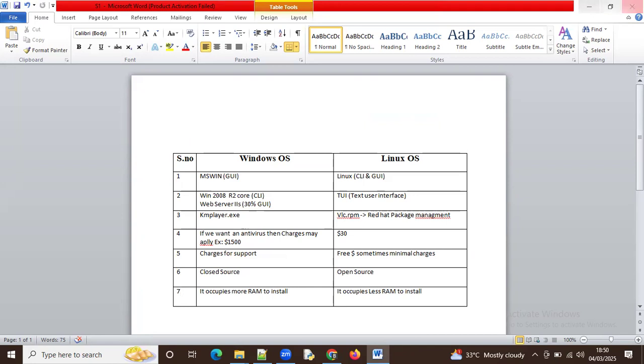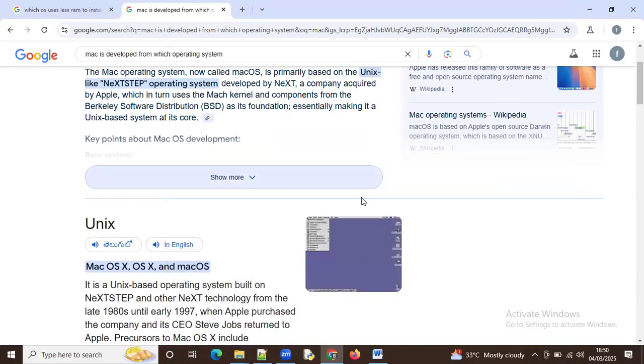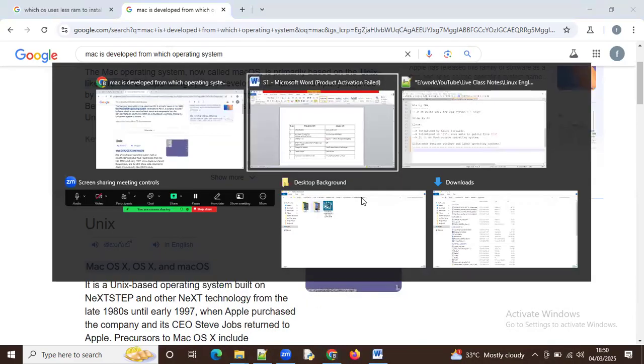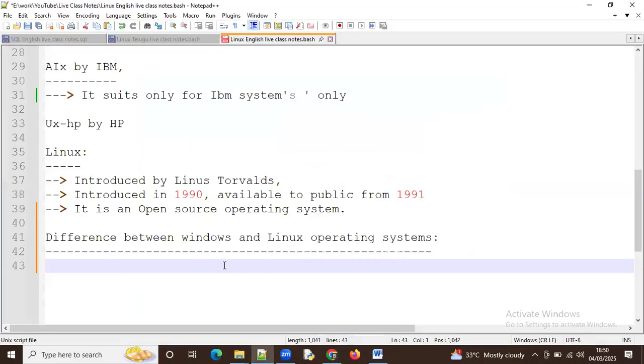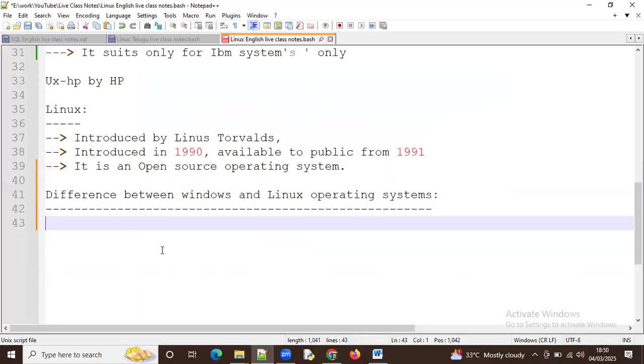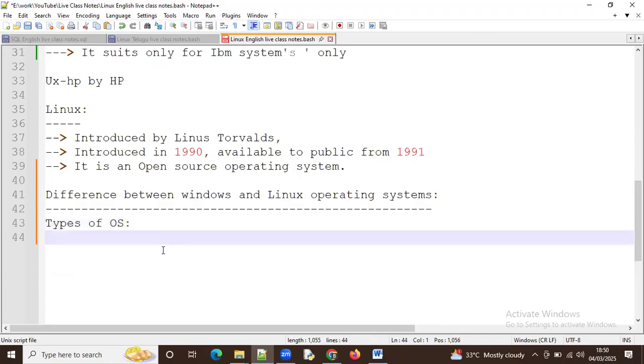Next we need to discuss the types of OS. Types of OS means operating systems. How many types of OS do we have?